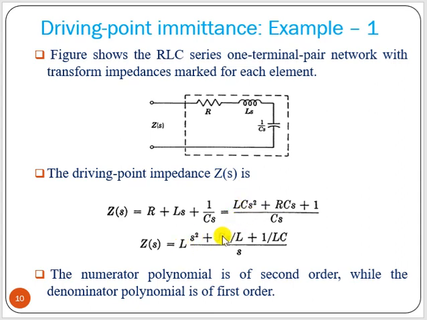We will be left with s square plus, here we have to divide by LC, so R by L into s, plus 1 by LC, and here s. So we have this numerator polynomial that you can see here. This is nothing but second order, and the denominator polynomial is of first order.